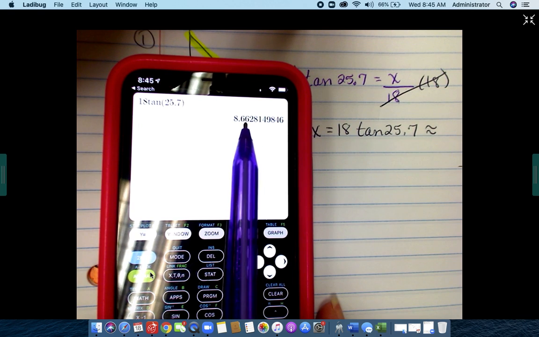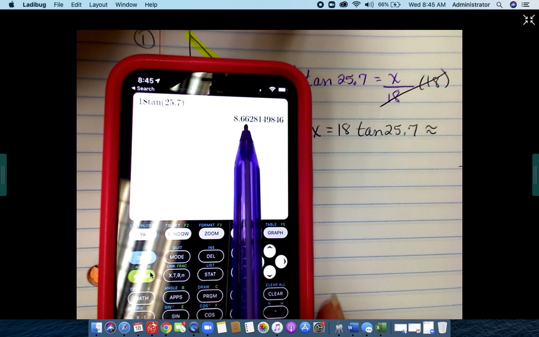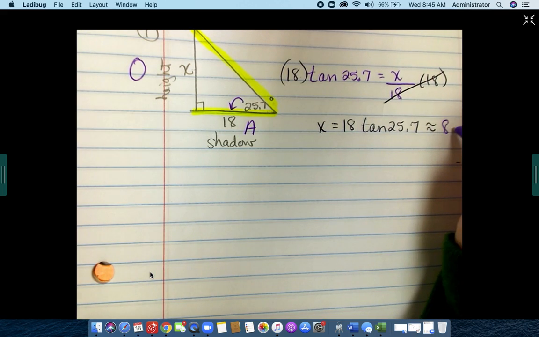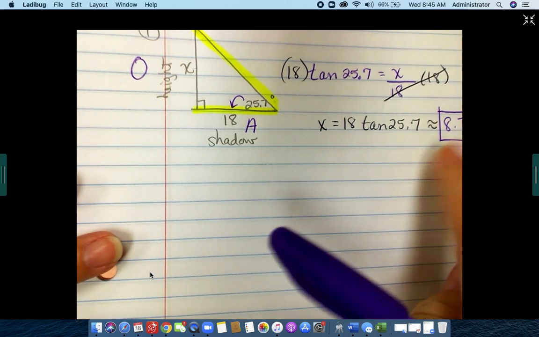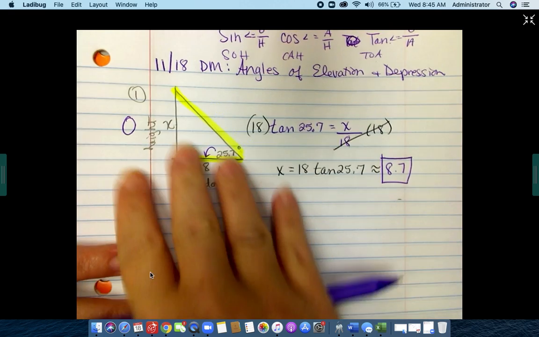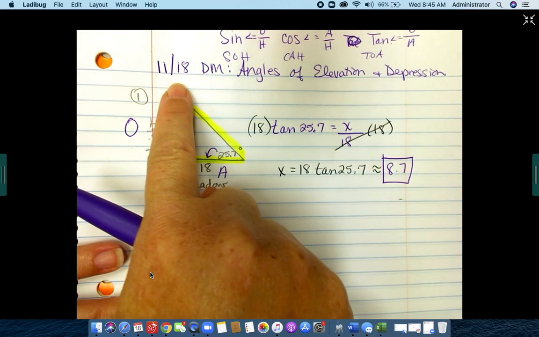So remember, we're rounding to one number after the decimal. If the second digit is 5 or higher, it makes the first digit in the tenth place go up 1, so 8.7. So it's approximately 8.7, and this is what I want to see, guys. So remember I mentioned that some people were not showing everything. You have to show everything in order to get credit.